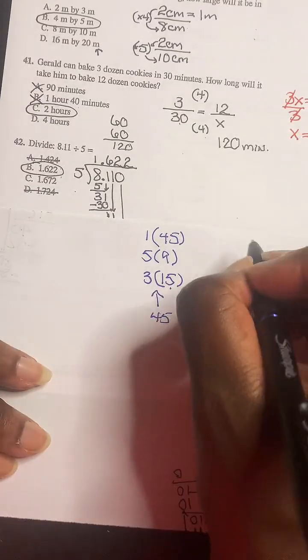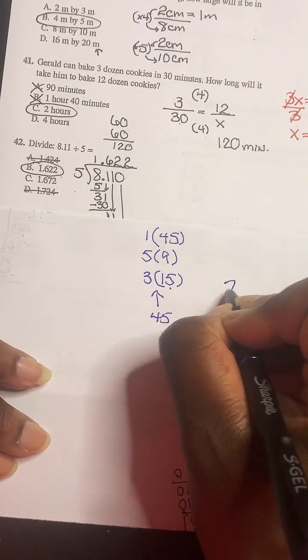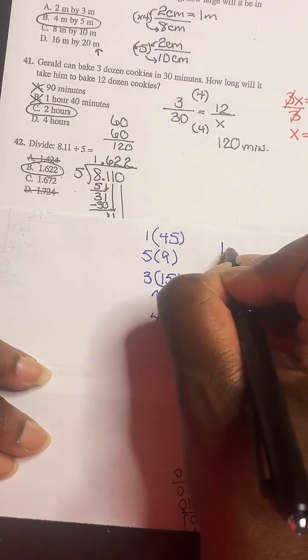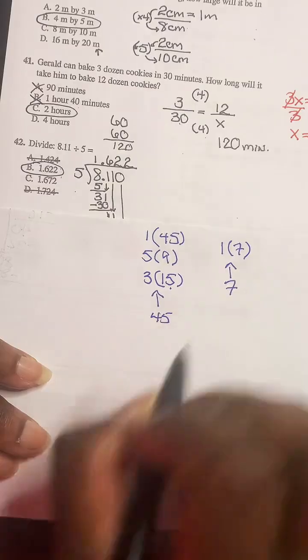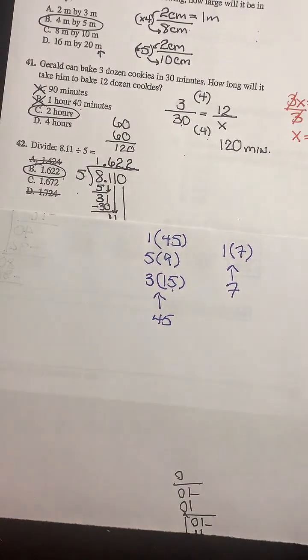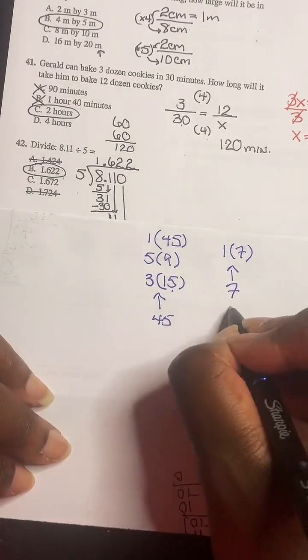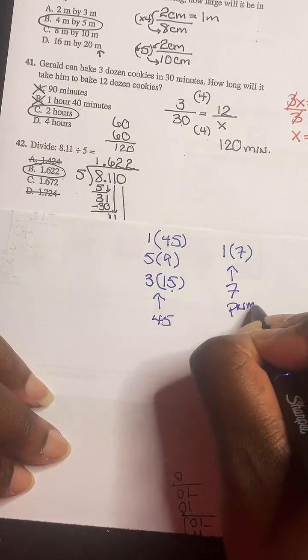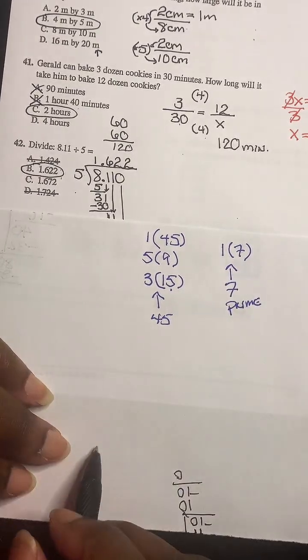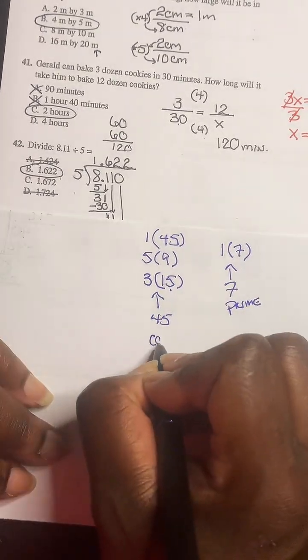Whereas if I was looking at 7, there's only one set of numbers multiplied to give me 7. That's 1 and 7. That means this is a prime number, because it's only 1 and itself. This is a composite number.